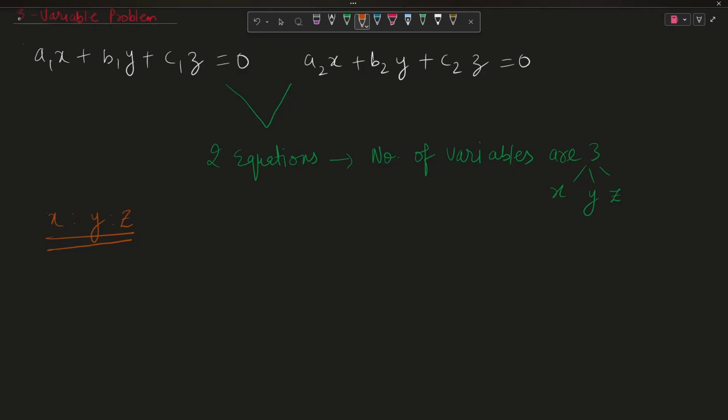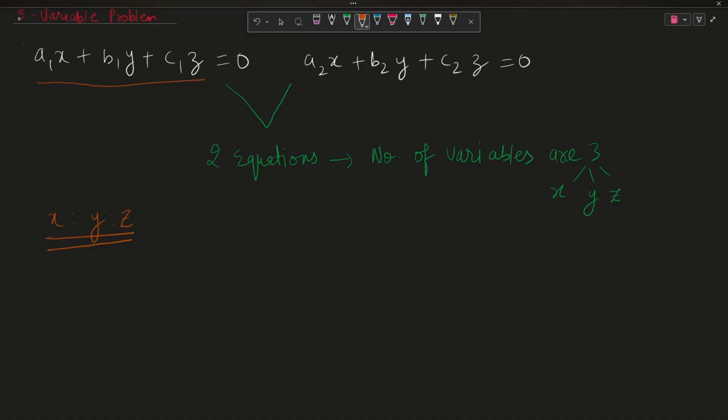Consider this important point: I am only discussing the case where there is no constant on the left hand side. The right hand side is obviously 0 and there is no constant value on the left hand side. It is not a general case for all the equations involving three variables.